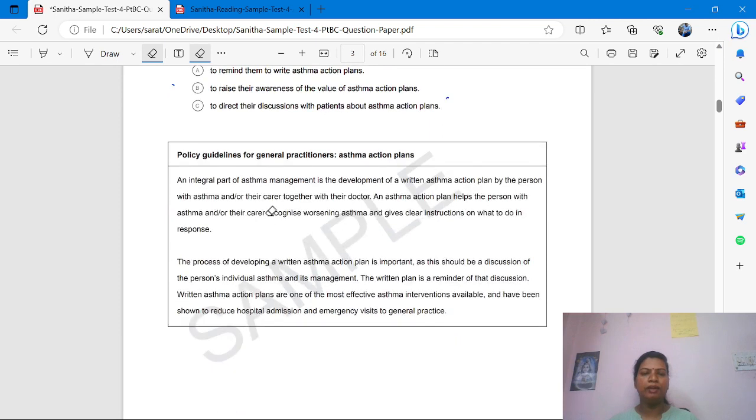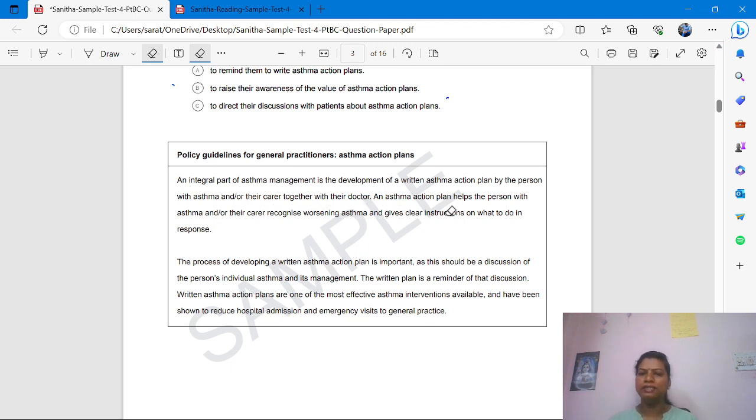An integral part of asthma management is the development of a written asthma action plan by the person with asthma and their carer together with their doctor. Here, the policy guideline gives some information about the asthma action plan. The action plan has to be made with the help of the patient and their carer and with the doctor.